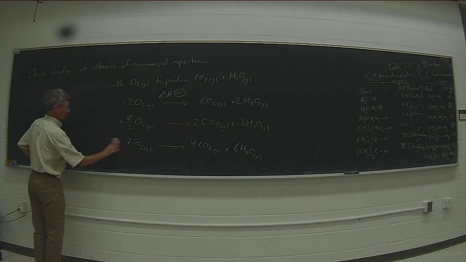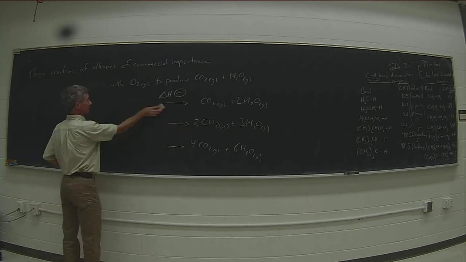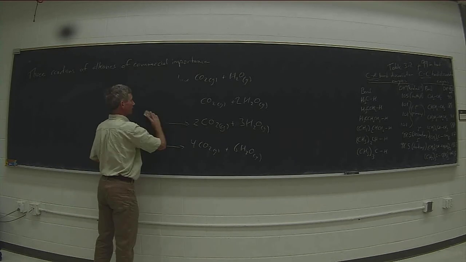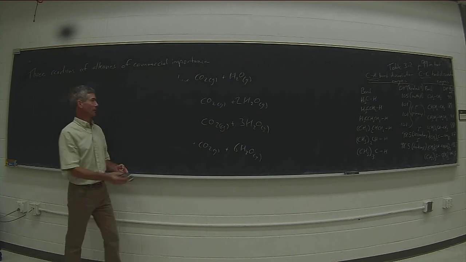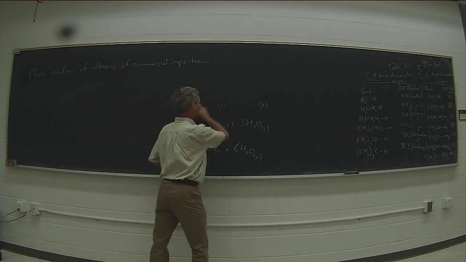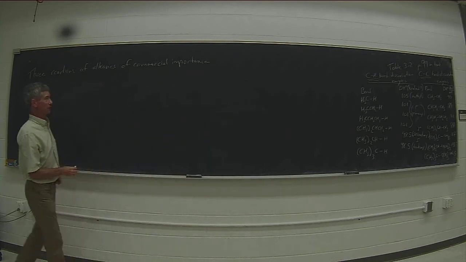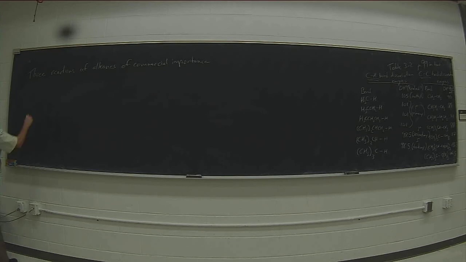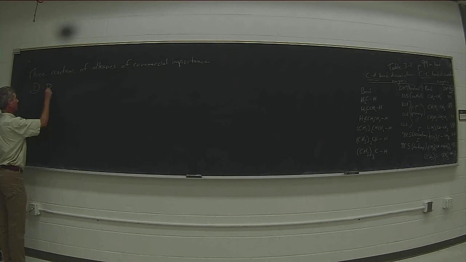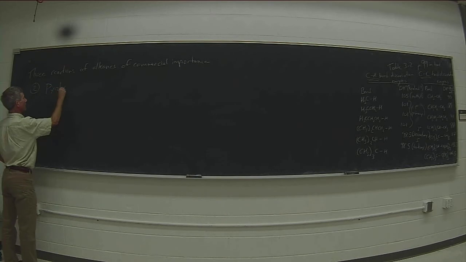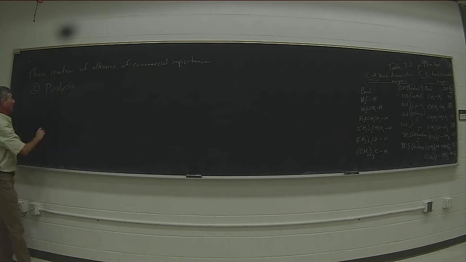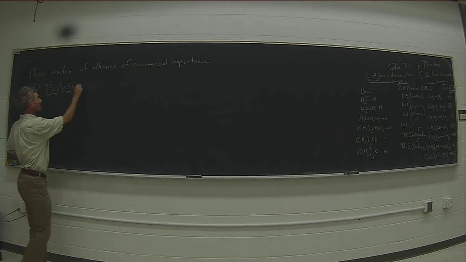The second reaction is also of no particular interest to chemists, except that it is the reaction that takes raw petroleum and creates smaller molecules that can be used as feedstocks for organic chemistry, and that is pyrolysis. Pyrolysis: pyro, heat; lysis, cleavage.